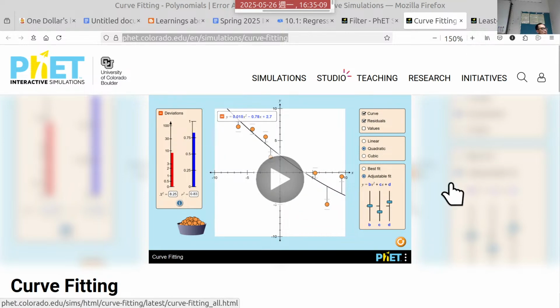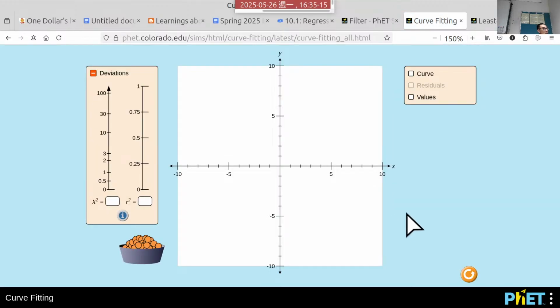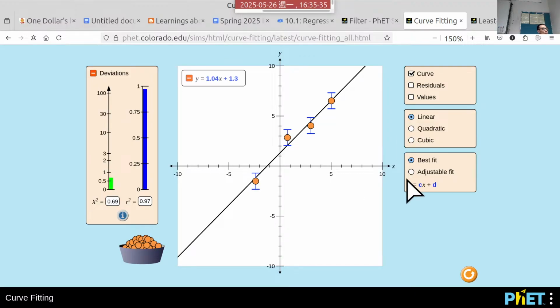Okay, let me explain this first. If I have data points like 1, 2, 3, 4, like this one, and now if I move, the linear black line is generated automatically by the computer system.